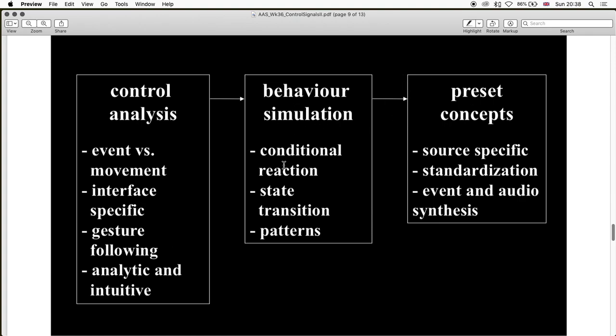Typically here you can have conditional reactions, like if something, then something else. A conditional reaction is not necessarily specific to either of these, right? State transitions typically happen here. If the user goes through certain things, then something else changes, the preset changes. So you can imagine a set of transformations which are not interface specific, and not synth specific.